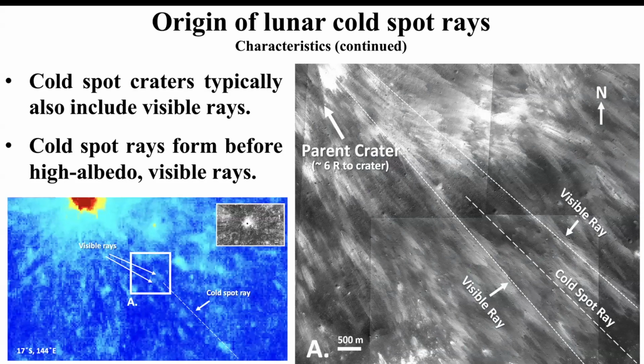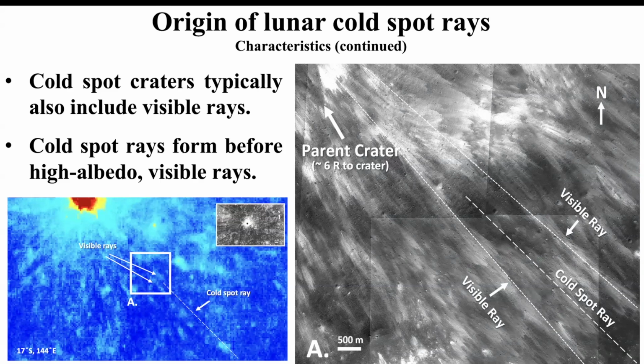So what is the origin of these cold spot rays? Characteristics. Okay, so cold spot ray craters typically also include visible rays. I don't know that we found craters that only have cold spot rays. It's generally a mix because these are fresh craters.